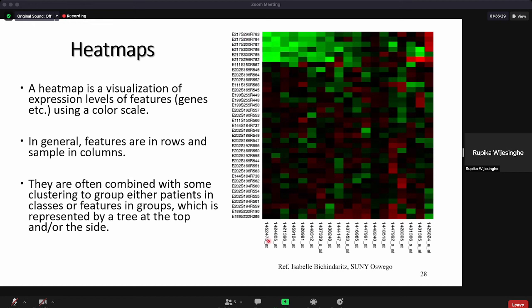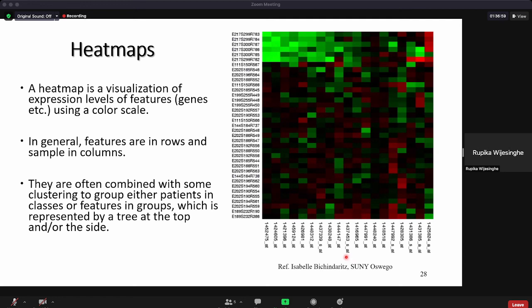So using the heat maps and clustering, you can identify and mark clusters here. Heat maps allow you to mark the clusters. You can cluster genes or you can cluster patients. If you cluster patients, you can identify subtypes of the disease.